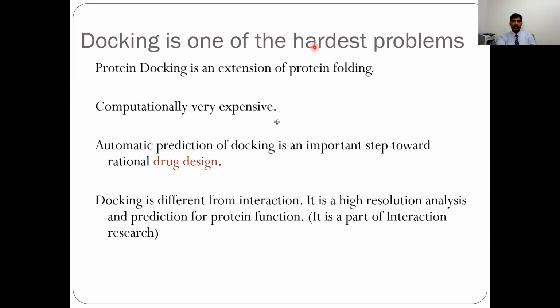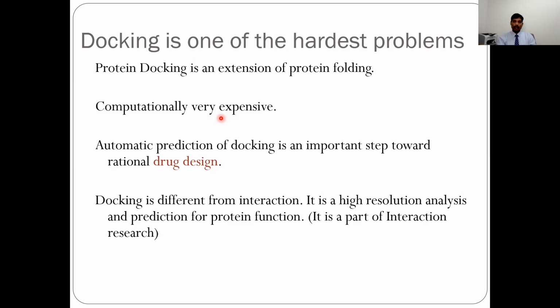Protein docking is an extension of protein folding. It is a computationally very expensive process and requires a lot of steps. When you are understanding biocomputation, you see the cycles, right? It takes the instruction from the program, then it reaches the processor, which takes the action and gives the signal to the output.